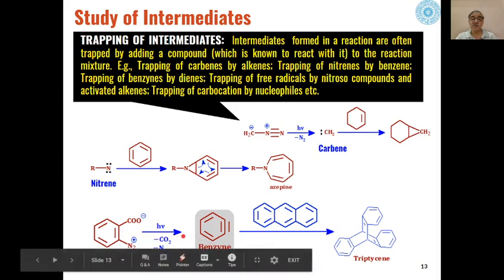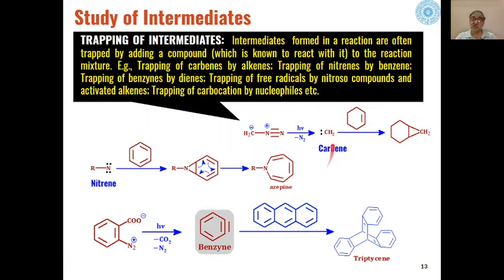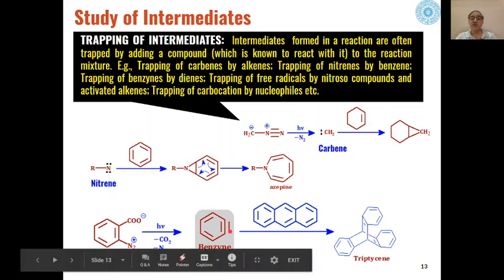Then in these types of substrates, benzyne is formed as the intermediate. We can prove the formation of this intermediate through reaction with anthracene, which will lead to the formation of these types of products. So if these types of products are formed, then the existence of such intermediates is proved during the reaction.